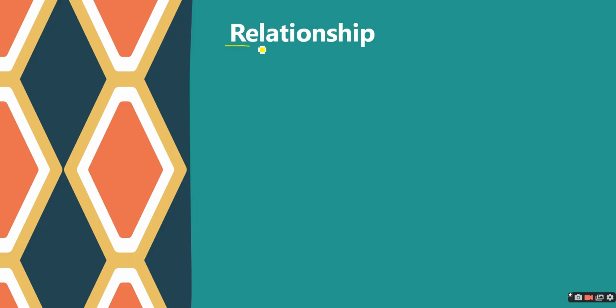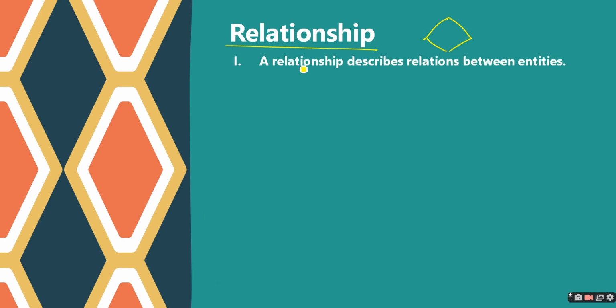Now what is a relationship? We have just seen that the diamond symbol is used to represent the relationship. A relationship describes relations between entities, right? Student teaches, teacher teaches students. A relationship is represented using diamonds.